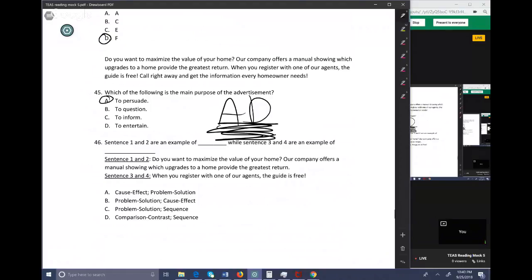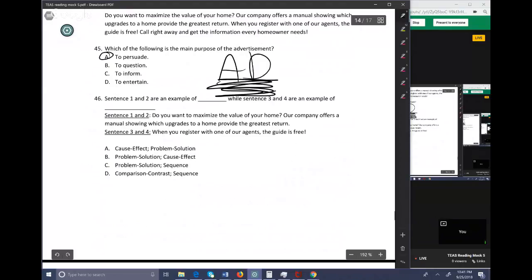If it's a clinic or something that's not a business trying to profit off of you, that would be different. But if it's an ad for anyone who's making money, anybody who's having a sale, anything like that, definitely it is persuasive. That would be an opinion piece at the very least.